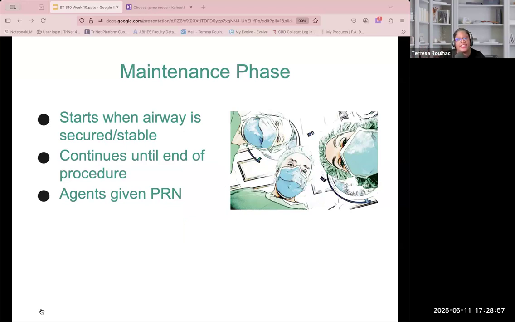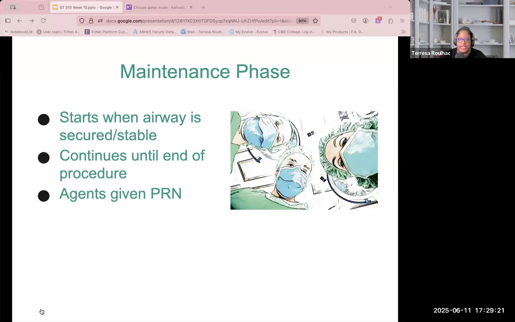So now our case is going. This phase starts when the patient's airway is secured and stable. It's going to continue throughout the entire surgical procedure. Anesthetic agents are going to be given throughout the case. So let's say the case is scheduled for 45 minutes and here we are at an hour and a half. Well, anesthesia is going to continue to give medication to keep the patient at a level where they're not going to wake up.